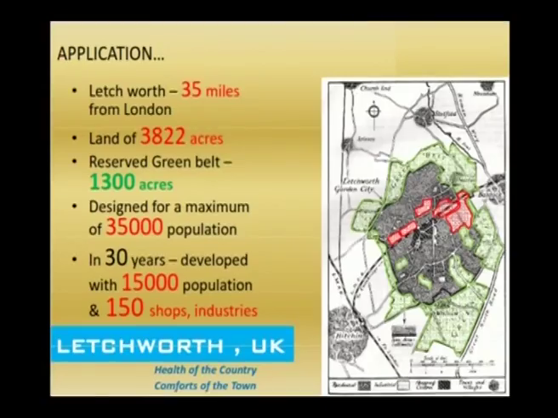So once that limit reached, the whole concept was another garden city should come up linking to this. So in about 30 years, it actually grew to 15,000 population and 150 shops and industries. So it was not a very good model as such, because the population dropped and people actually preferred living in London, which gave them better resources in terms of jobs and social environment.